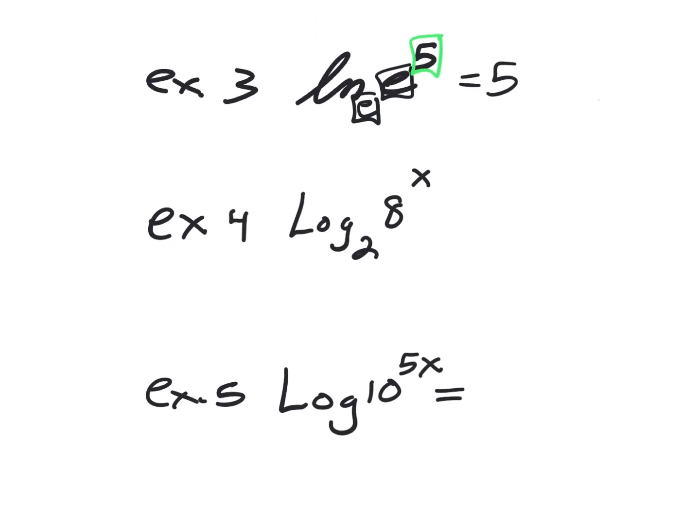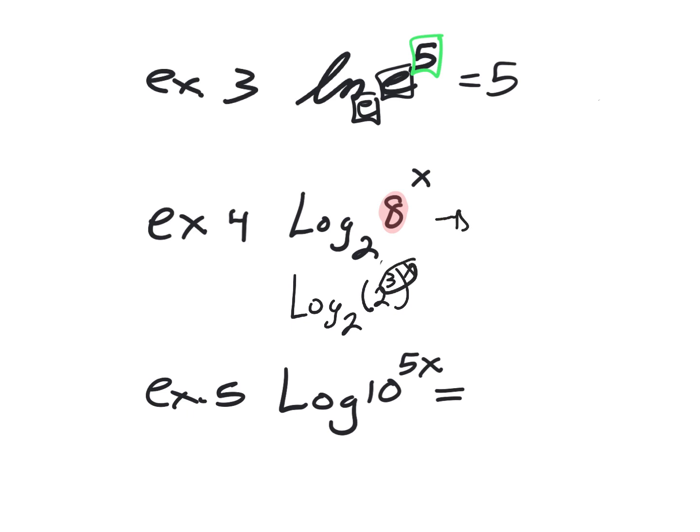And then this one, the bases are not the same. So the property does not apply unless I can get this to have the same base. Could I rewrite 8 as 2 to the 3rd power and then to the x? Isn't that a power?